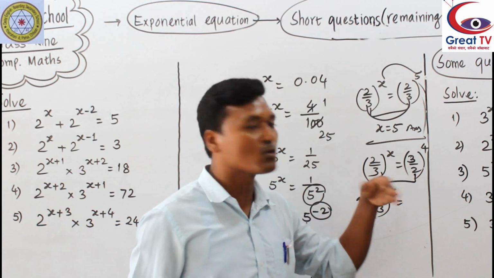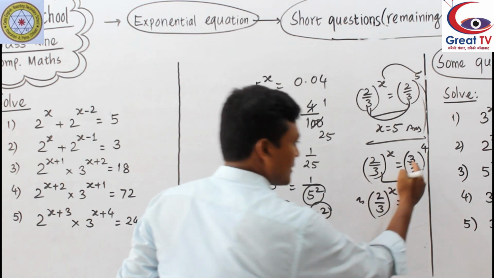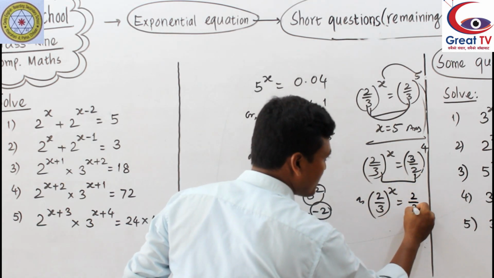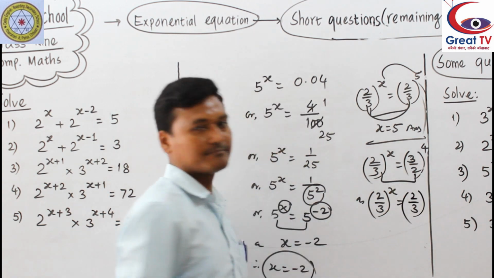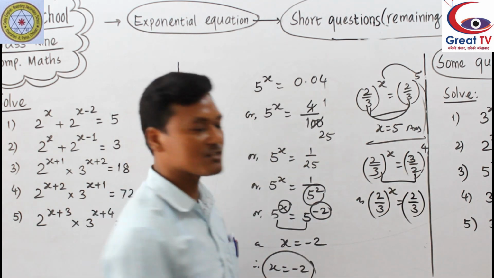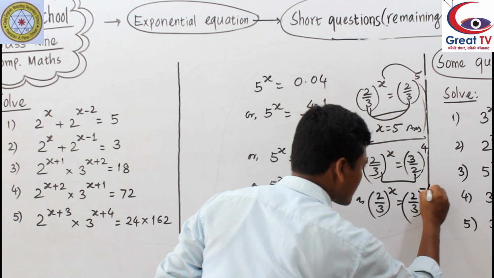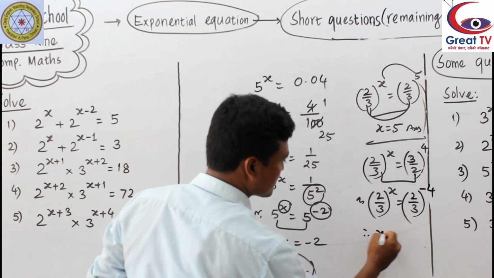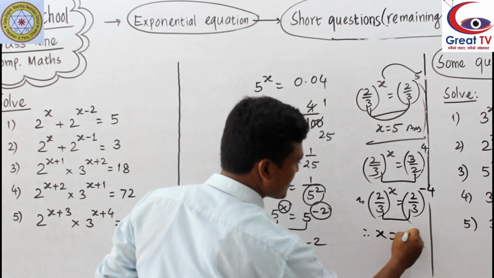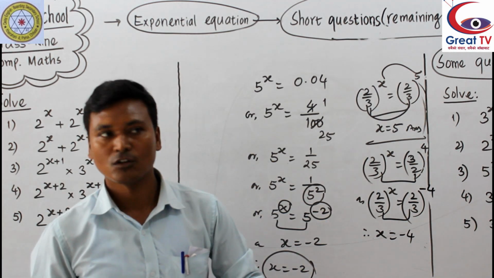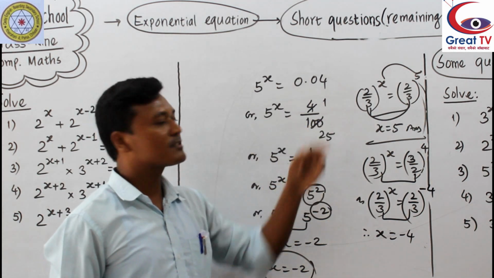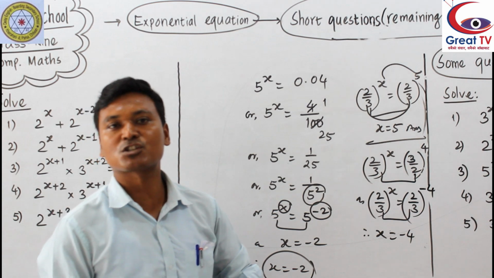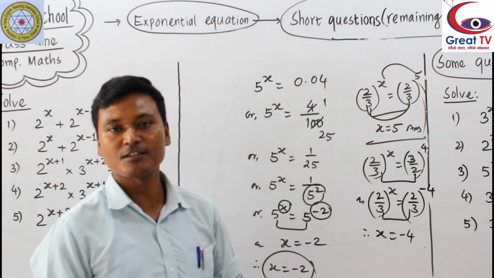In the case of the base, the line goes down. Here it is 3 by 2. If we write 2 by 3, the sign of the power changes, that is, here minus 4. After this, the base becomes same. x equals minus 4. So my listeners, you may see these type of problems in some reference books, solved by this idea.